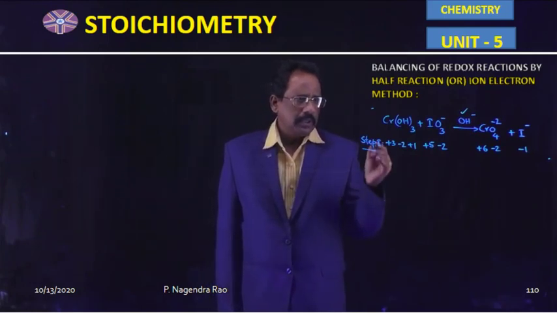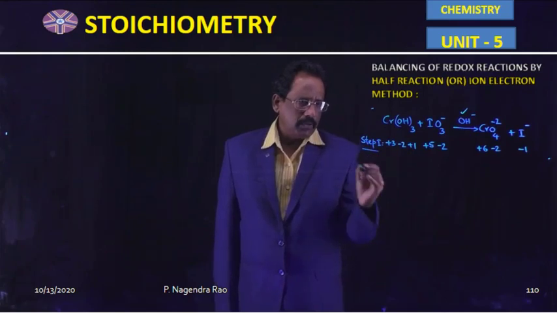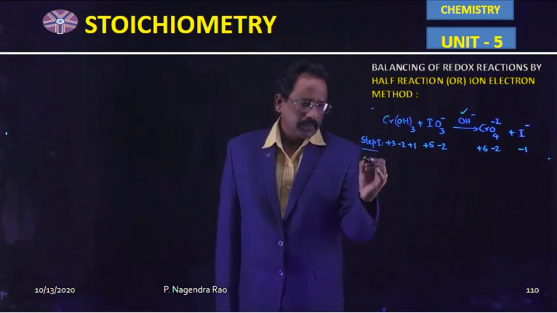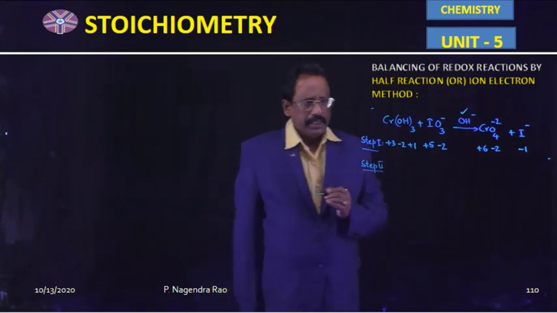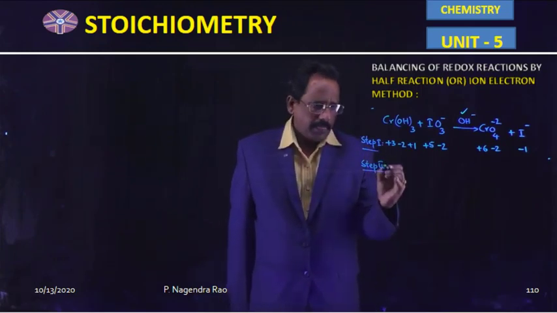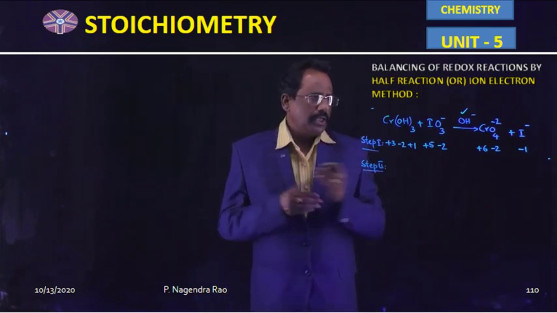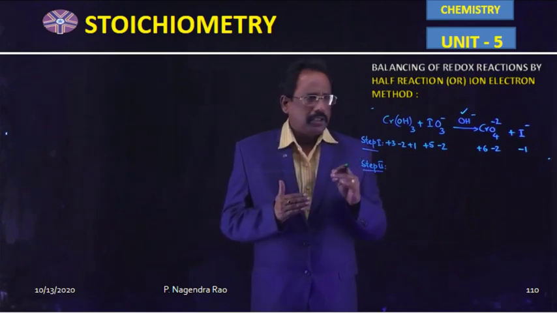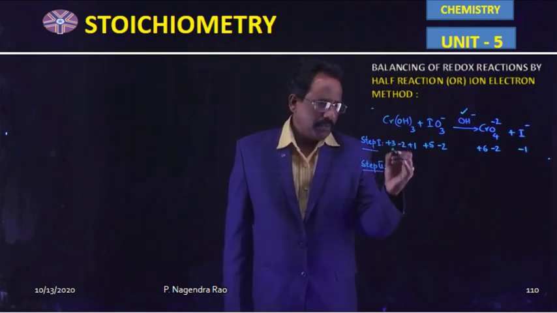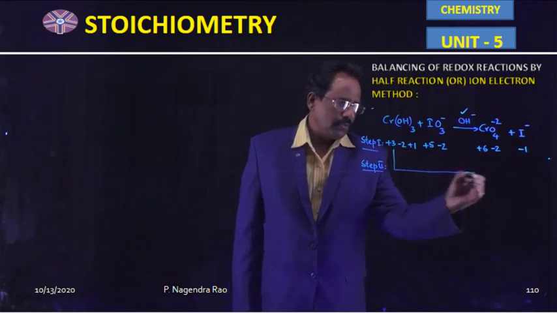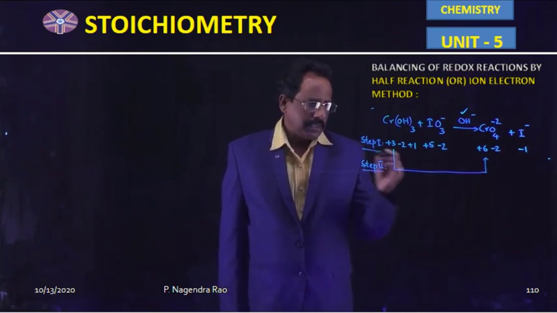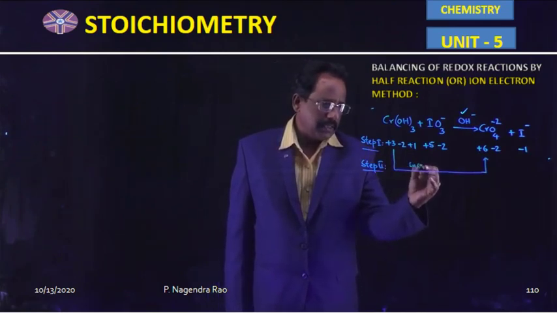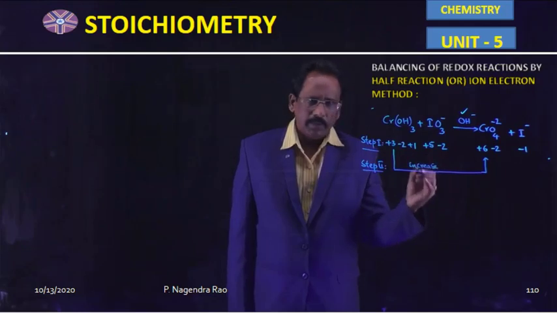Now step number 2 is identify which is involved in oxidation and reduction process. Chromium +3 to +6, increase in oxidation number value.